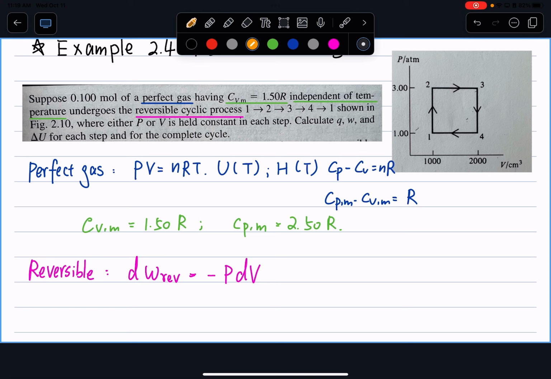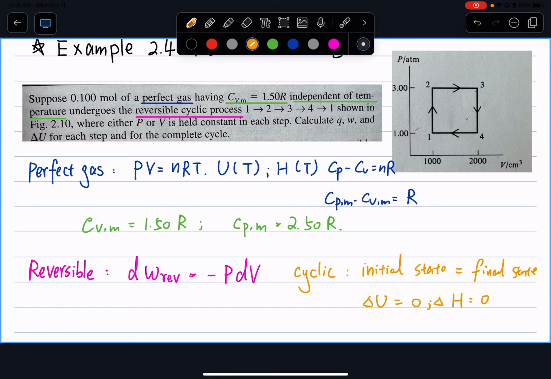And a cyclic process tells you your initial state equals the final state. Or for a state function like internal energy or enthalpy, the change will equal 0.